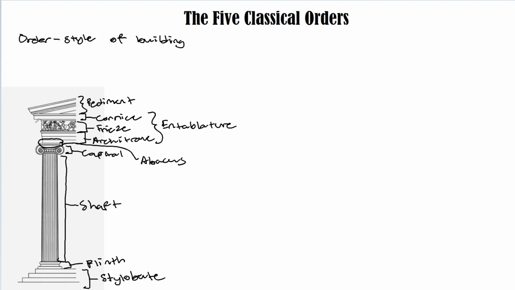So the actual parts of the structure that are included in the order are everything from here all the way down to here. The pediment and the stylobate, neither of those are included in the order, but they're still important to know about.